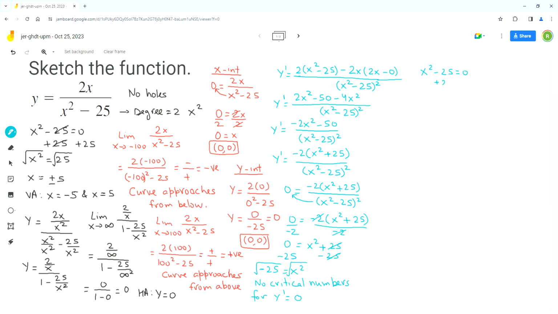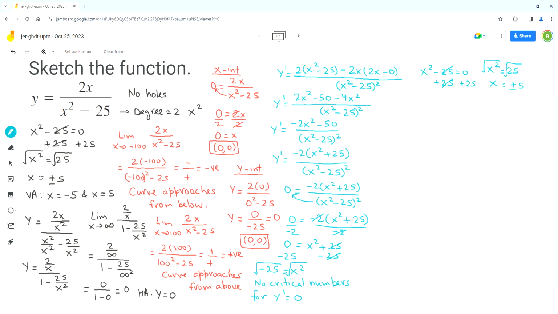Now we can add 25 to both sides. So the 25's on the left side get cancelled out. So we get x squared equals 25. And now we can apply square root to both sides. So we get x equals plus minus 5. So these are the vertical asymptotes that we got early in our analysis. So these are the critical numbers for which y prime is undefined.